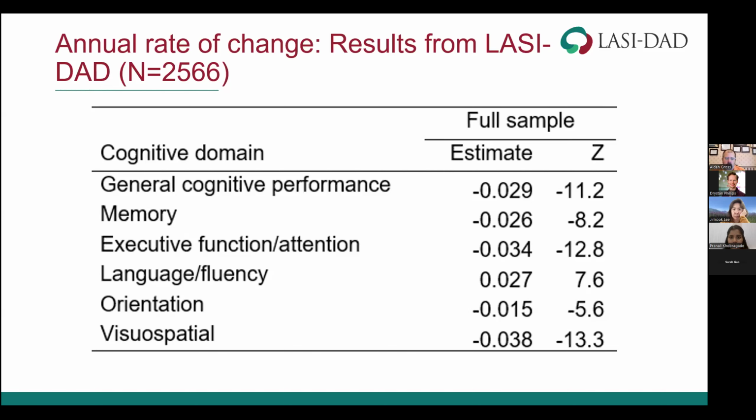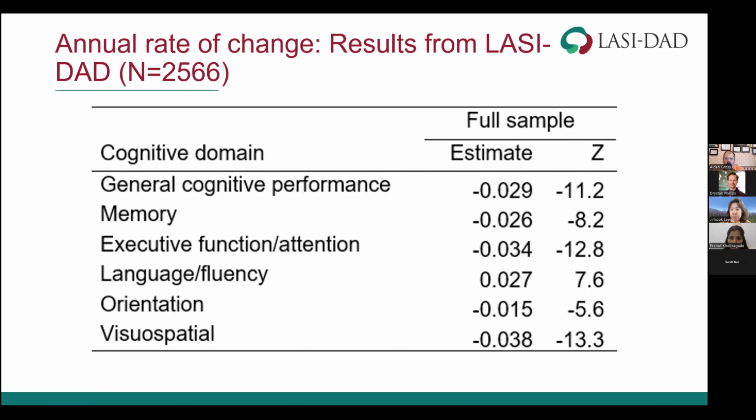Typically, across most of the longitudinal studies that I've been involved in over the years, I expect to see on average anywhere between 0.03 and 0.05 standard deviations of cognitive decline per year. Negative estimates here suggest that there's annual cognitive decline.